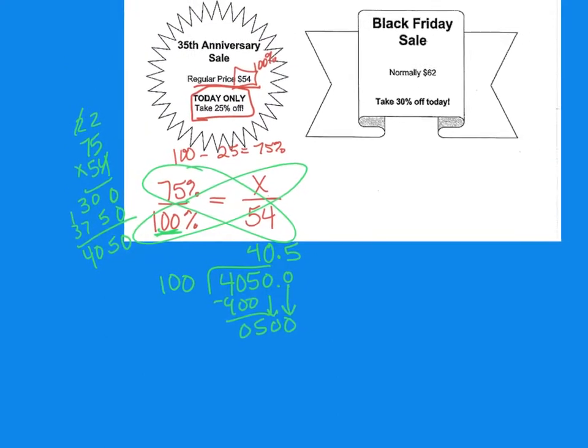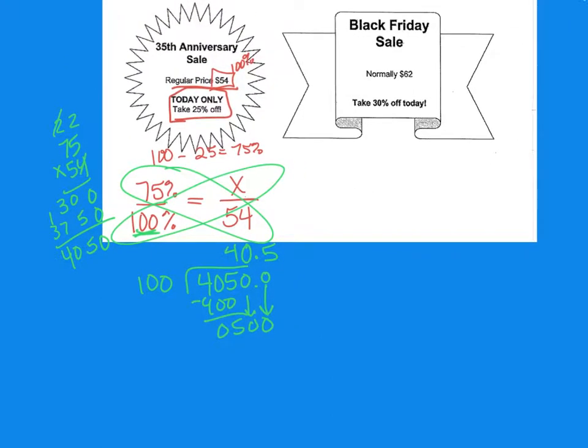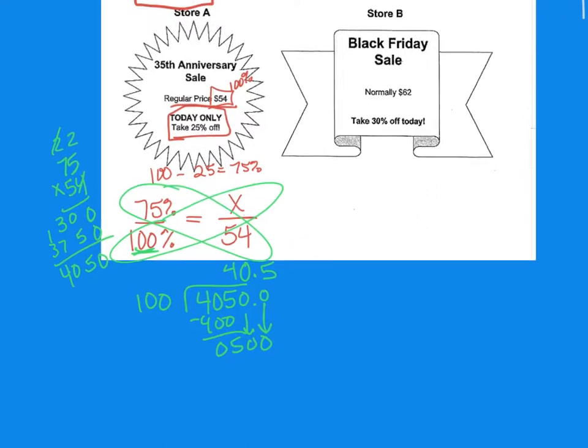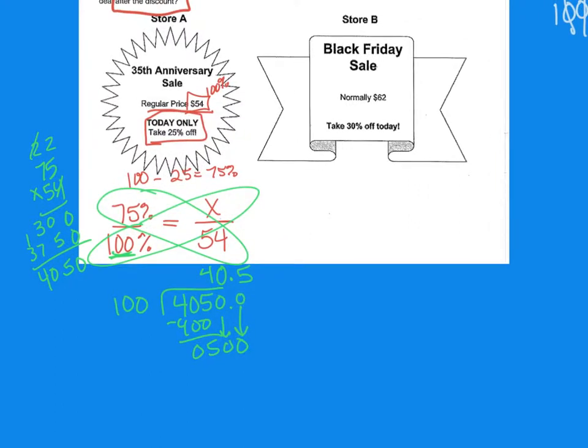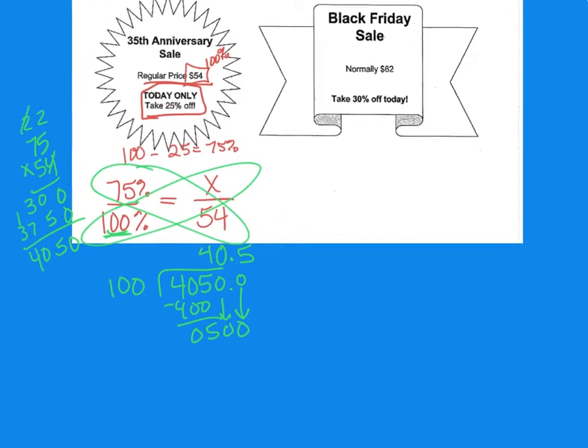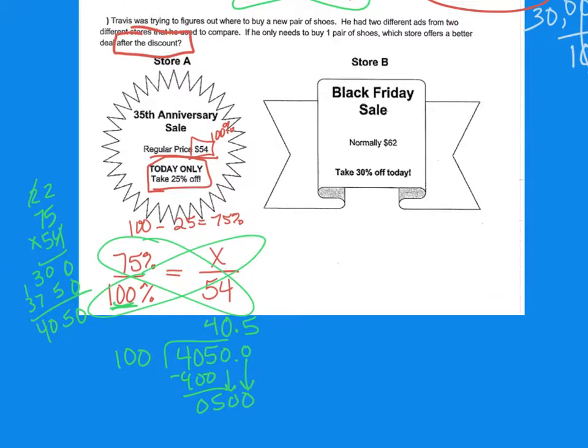Is that correct? Looks good to me. So 25% off of that $54 originally, we're actually going to pay $40.50 for our shoes at store A.